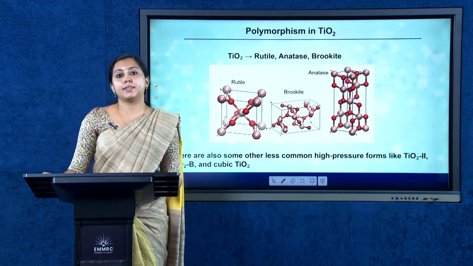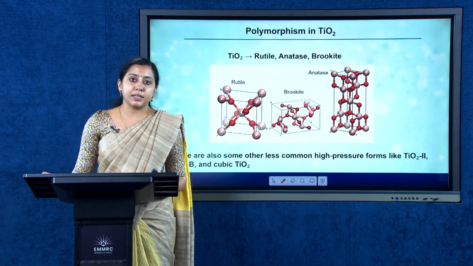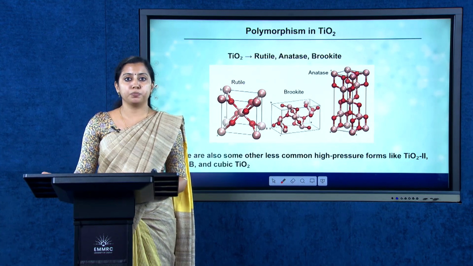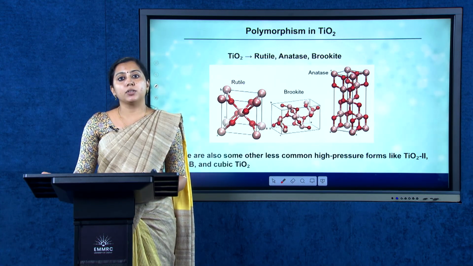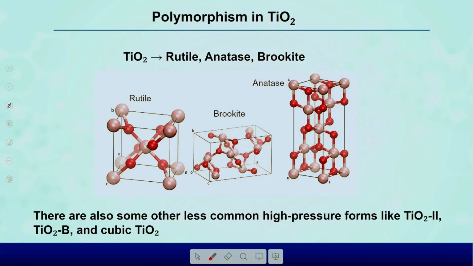A very good example of polymorphism can be seen in titanium dioxide, TiO2. Titanium dioxide has three important polymorphs, namely rutile, anatase and brookite.